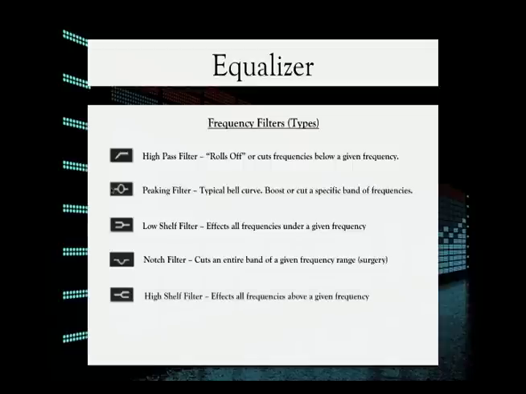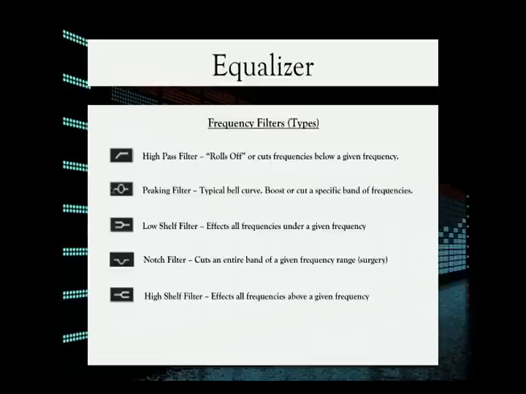Then you have your high shelf filter. Your high shelf, similar to the low shelf, it's going to affect all frequencies, but in this case, it affects frequencies above a given frequency. So if you set your frequency at 10 kilohertz and you have a high shelf on, if you decide you're going to boost that, everything at 10 kilohertz and above gets boosted. If you want to cut it, everything at 10 kilohertz and above gets cut.